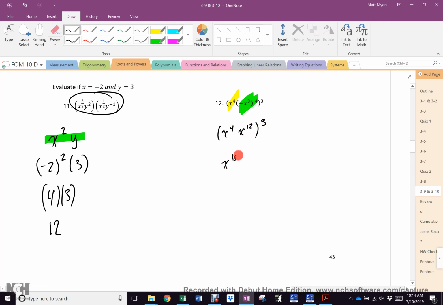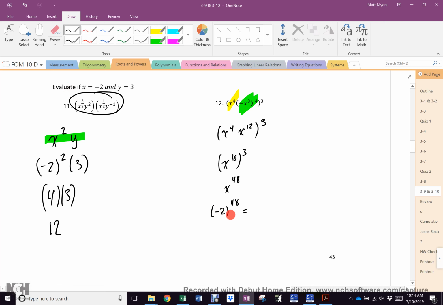X to the 16th cubed, which is what? 48th. What's x? -2 to the 48th. Will that be a positive or a negative number? Positive. Will it be a small number or an absolutely gigantic number? What is it? Because I said to evaluate.